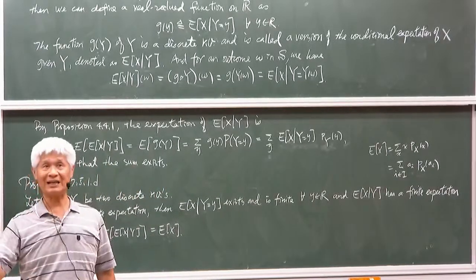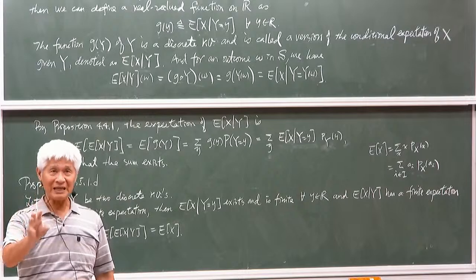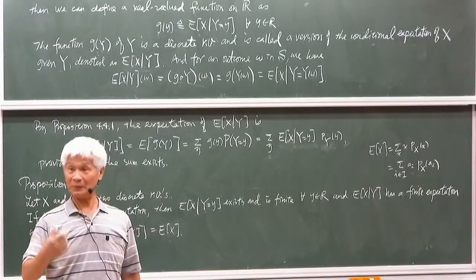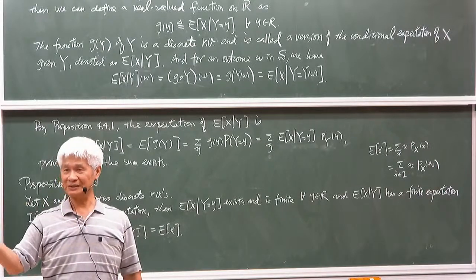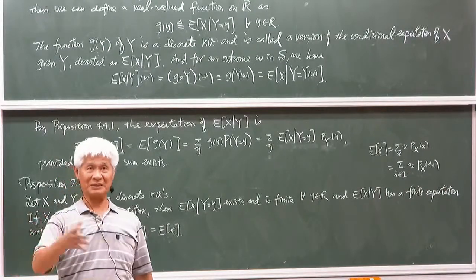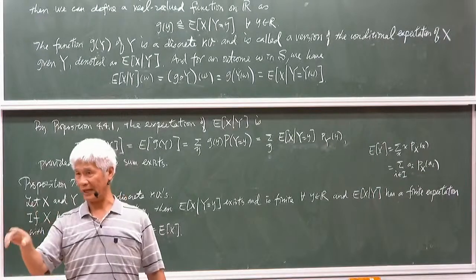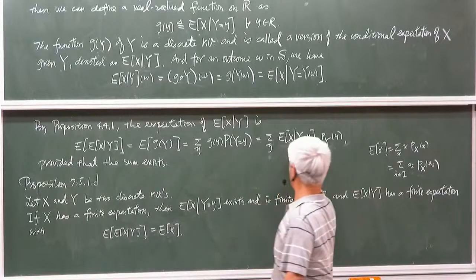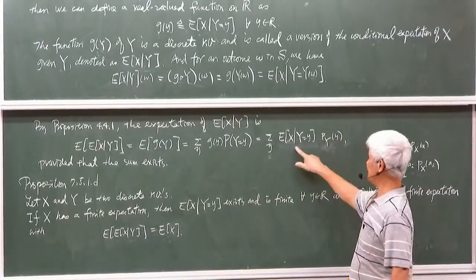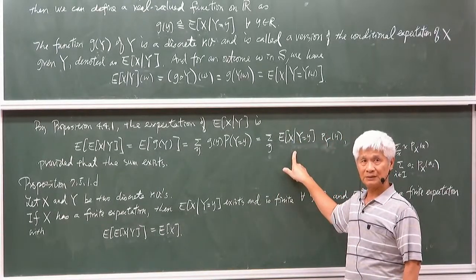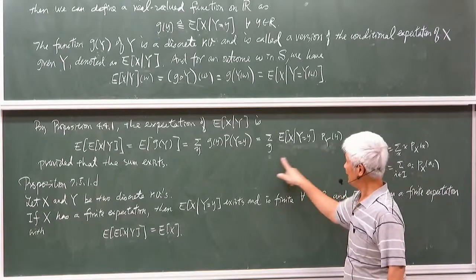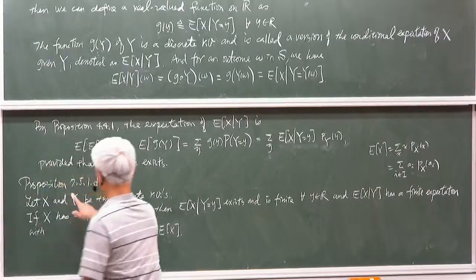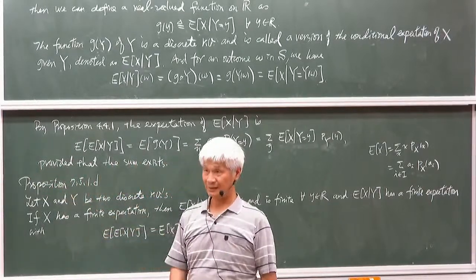If you have insight about the problem, you may be able to find a side information Y. Different researchers, different engineers may have different perspectives, so they may find different Y. A clever choice is a Y such that each of these is easy to compute, and then you can compute this sum. So this proposition is very important in applications.